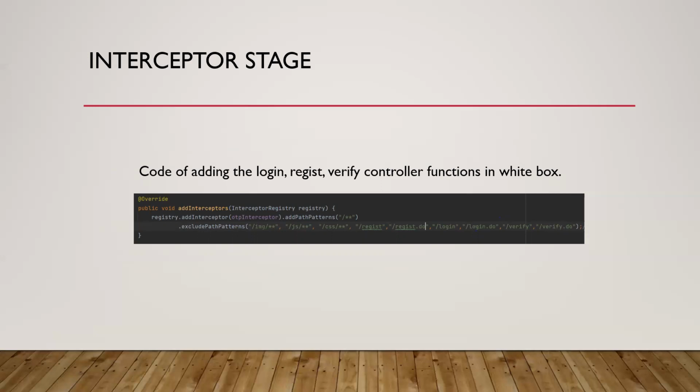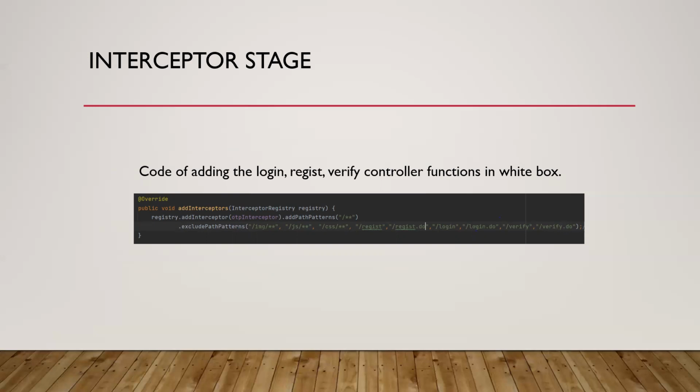Because in our project, the index controller is the controller function we want to protect, I added the login controller, reject controller, and verify controller in the white list. These three controllers can be accessed by everyone.